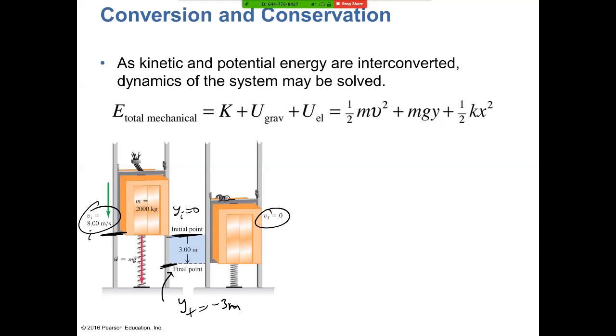Now, here's what I have. The entire time, the only things acting on the elevator are gravity and the spring force, because gravity pulls down the elevator, but the spring force acts in such a way that it slows it down and stops it. The entire time you have gravity and spring force. And remember the important thing about gravity and spring forces: they're conservative forces.